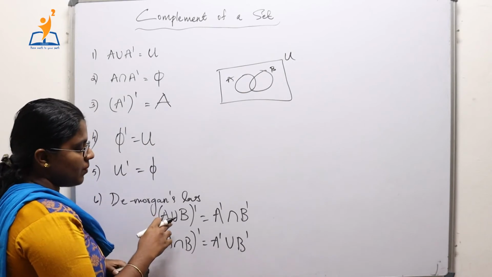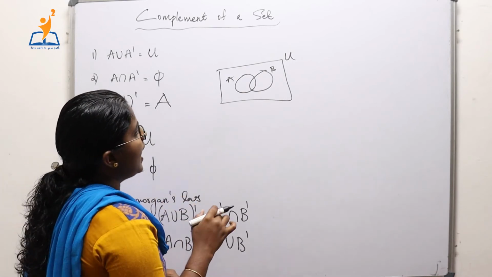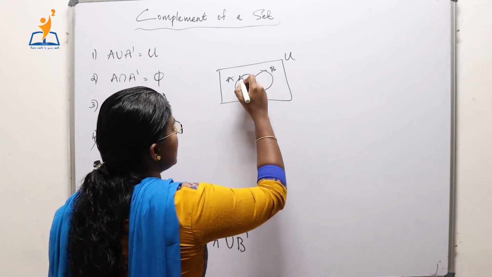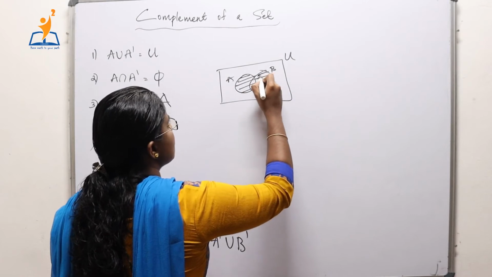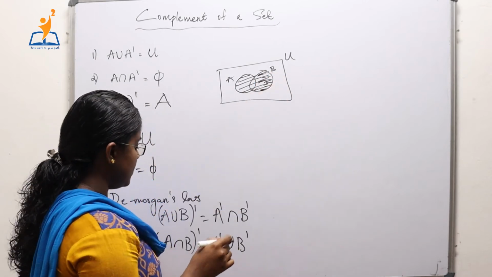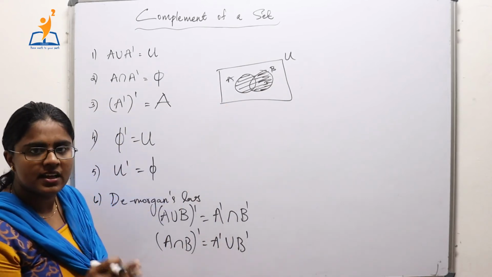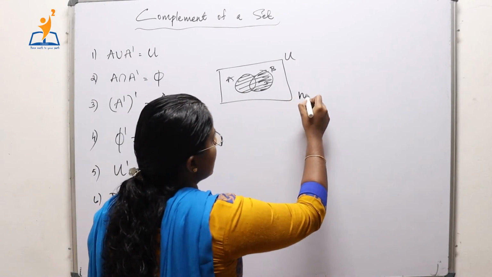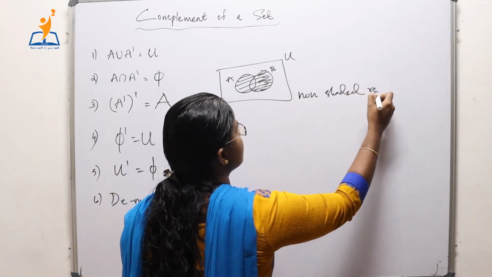First of all we want to find the LHS part, that is A union B the whole complement, and we know that A union B is this shaded region which contains all the elements from A and B. So its complement is this non-shaded region. So the required LHS is the non-shaded region of this figure.